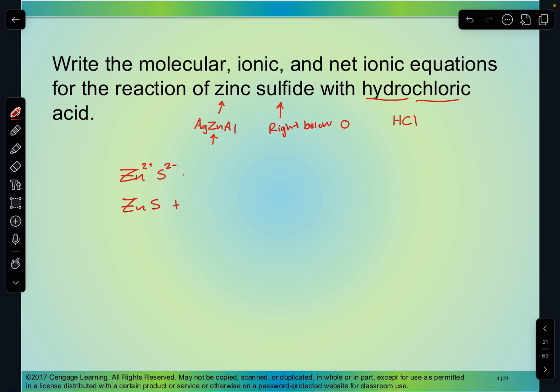So ZnS plus HCl goes to ZnCl2, because each one of the chlorines has a -1 charge to balance out the zinc's positive charge, plus H2S. And so we'll just put a 2 right there. That way everything should be balanced. We put in the states of matter. We have aq, let's say.